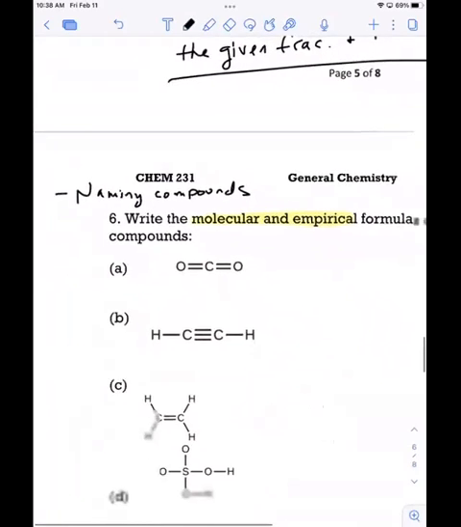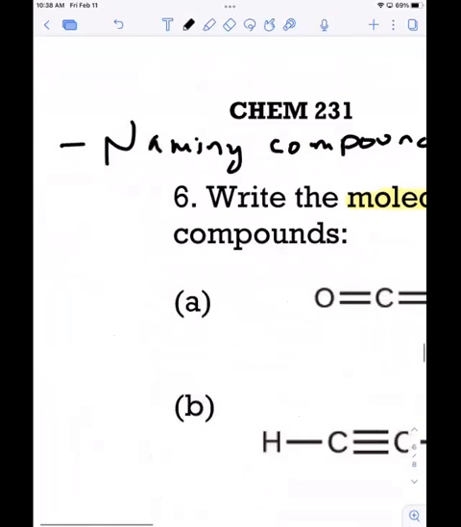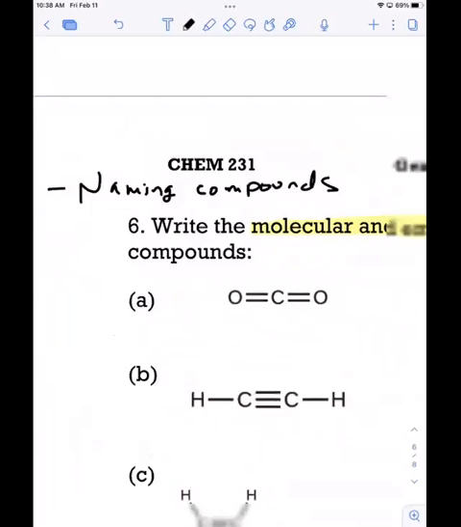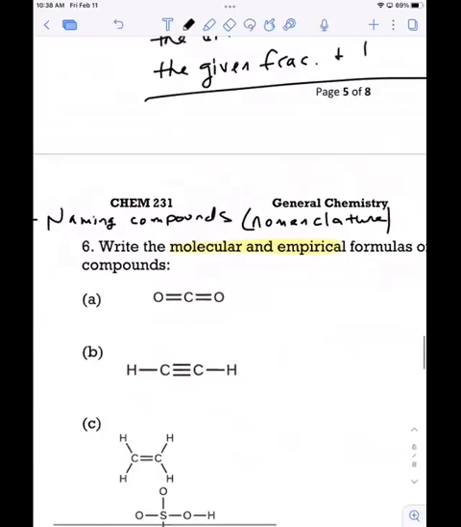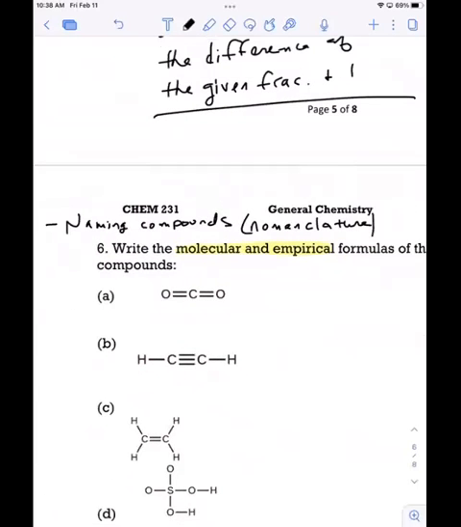Under naming, sometimes you'll also see the term nomenclature. Fancy term, same stuff. That just means naming.